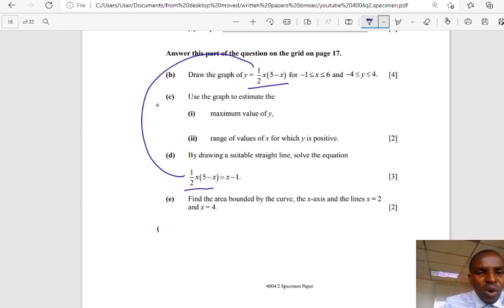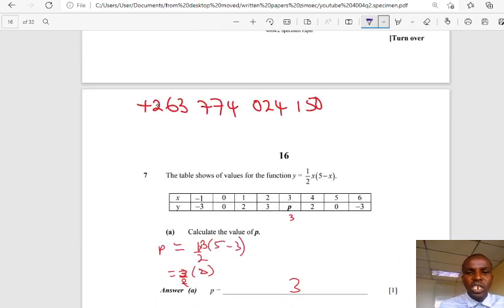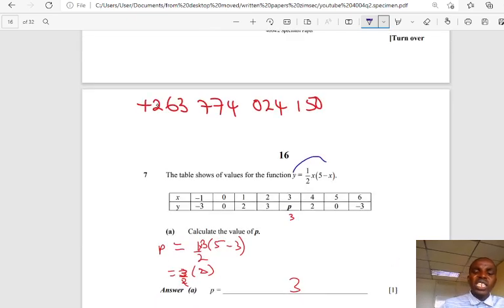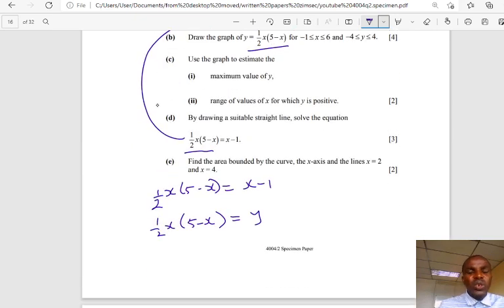You write half x, 5 minus x equals x minus 1. Then you take your original graph, half x, 5 minus x equals y. So you present them in the same way, so it will be the same as the equation that you want to solve. That's how you do it.